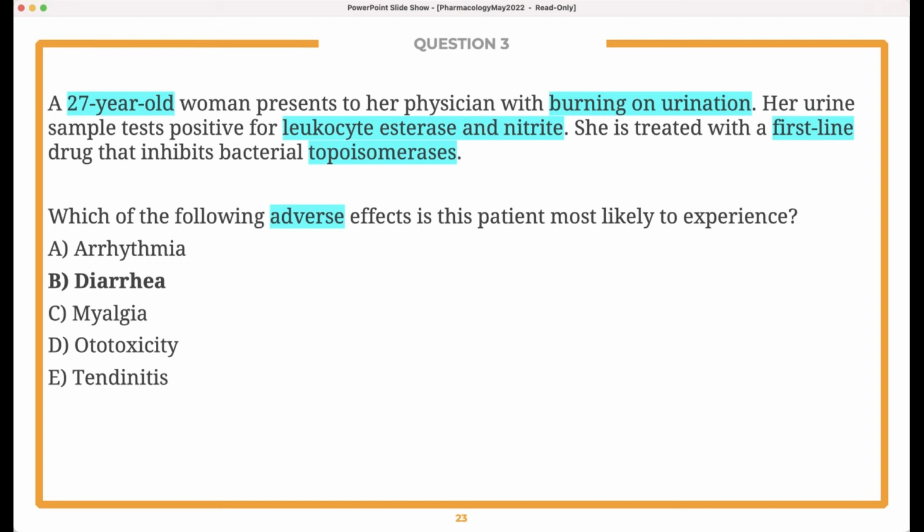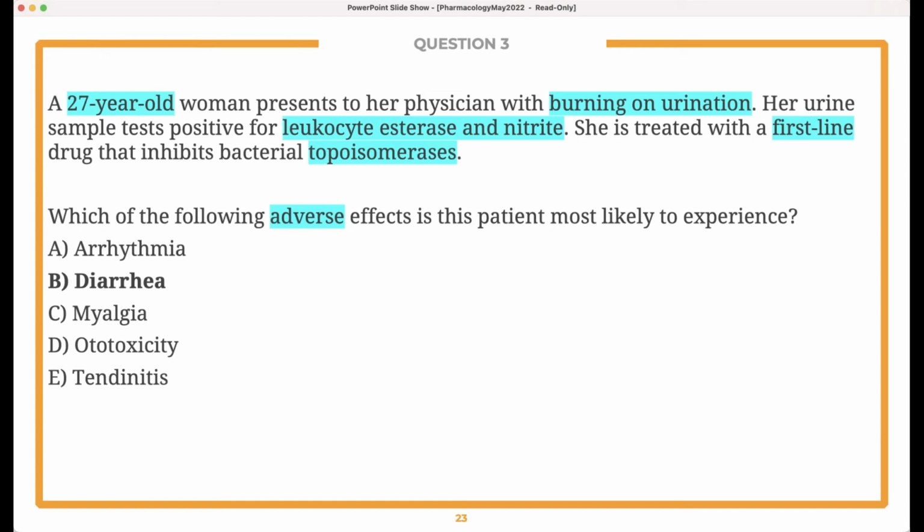Fluoroquinolones inhibit DNA gyrase, which is a bacterial topoisomerase, and so ciprofloxacin is the drug they're talking about, okay? Ciprofloxacin is a fluoroquinolone antibiotic that inhibits DNA gyrase, and we use that to treat conditions like this. So now we've got to figure out what the side effects are.